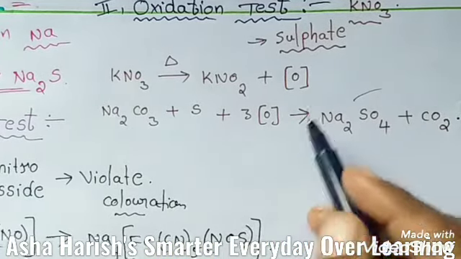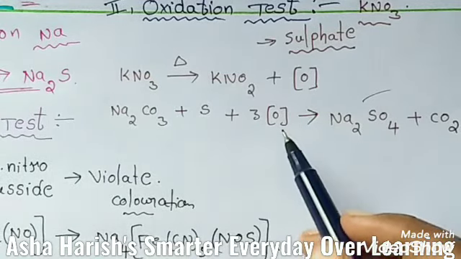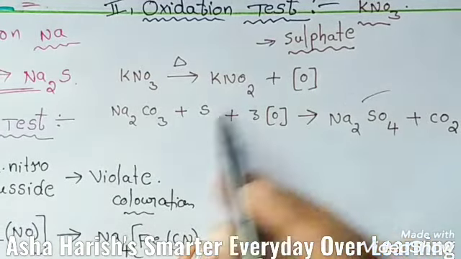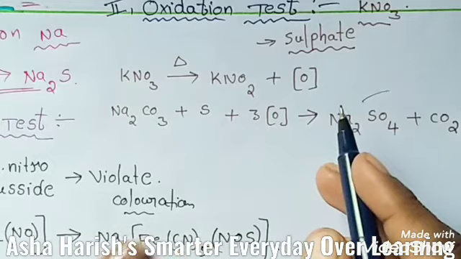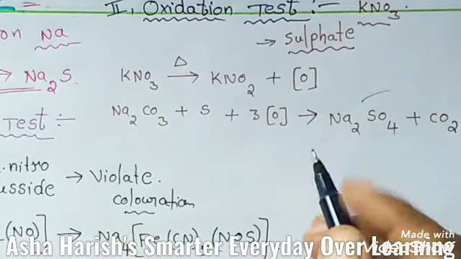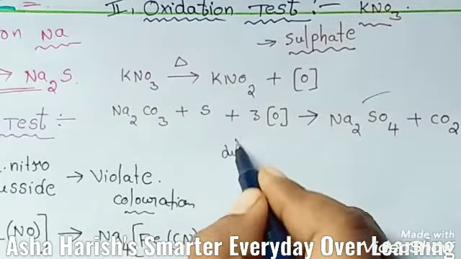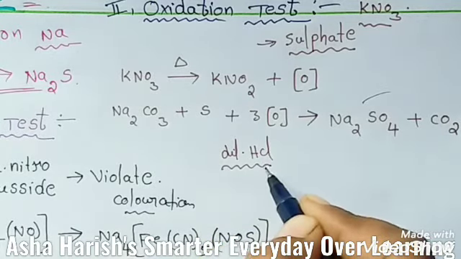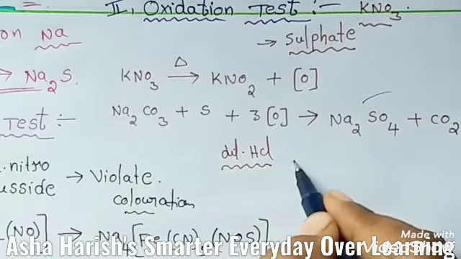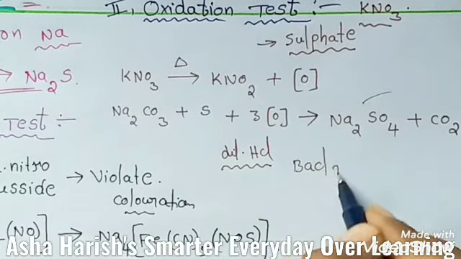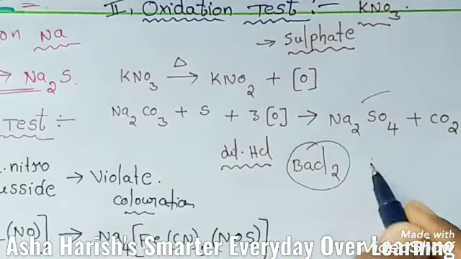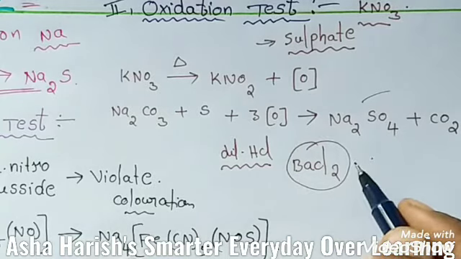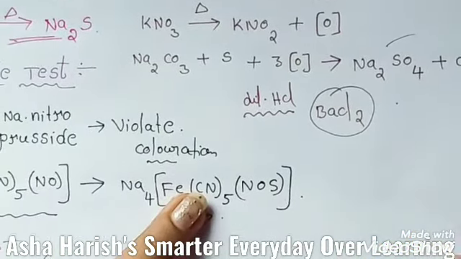Now the fused mass is extracted with water and filtered. The filtrate is acidified with dilute hydrochloric acid and treated with barium chloride, BaCl2, solution. A white precipitate insoluble in acid is obtained.